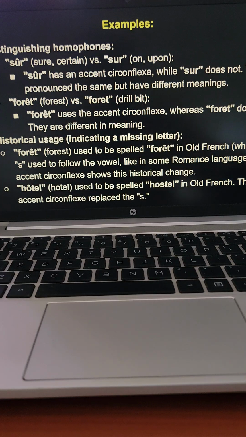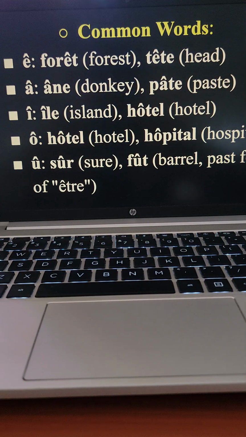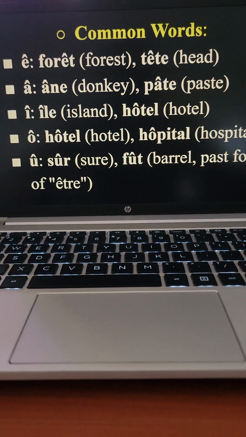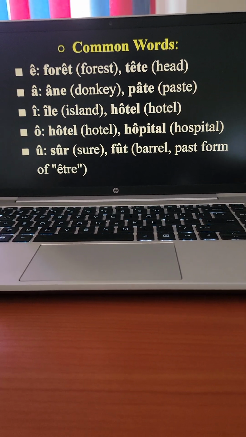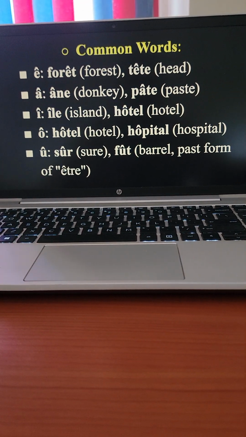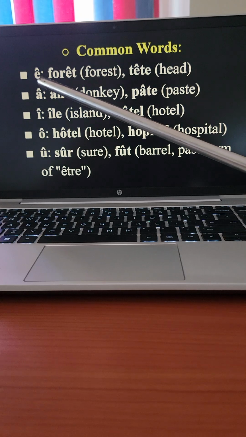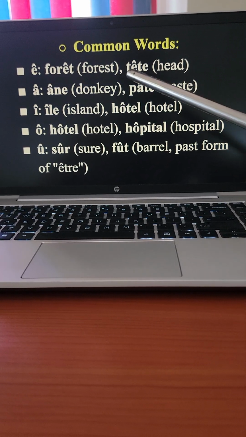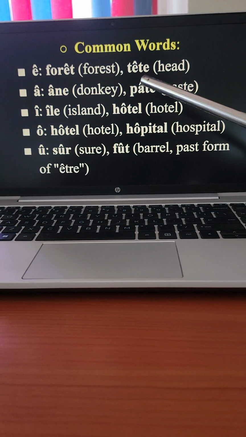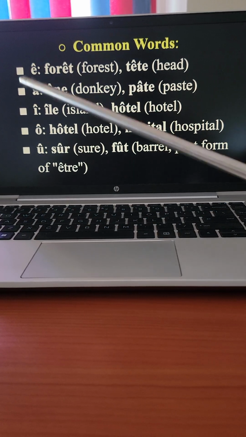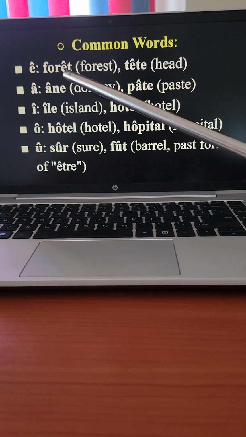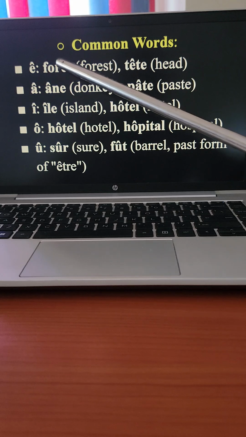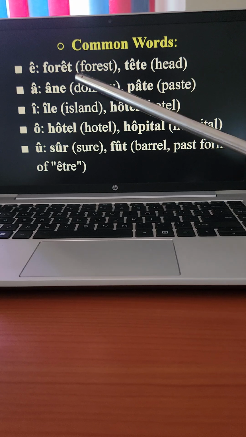Let's see some common words carrying the accent circumflex. You see something like forêt, tête. It does not change the pronunciation that much, so even without the accent, we'd have the same pronunciation.